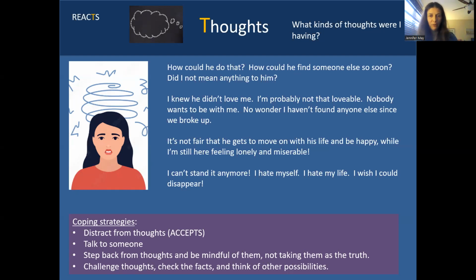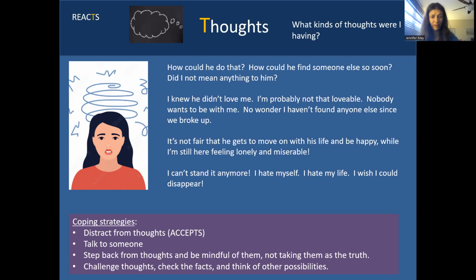I'm having a thought about this, or I'm aware of the awareness continuum in RO DBT. I'm aware of having a thought that it's not fair that he gets to move on with his life. What's that all about? So now I'm putting some distance between myself and what I'm thinking, and it takes some of the power out of my thoughts and leaves room for possibilities that other ways of interpreting the situation could also be true, not just the thing that I thought of first. So very important to deal with that.